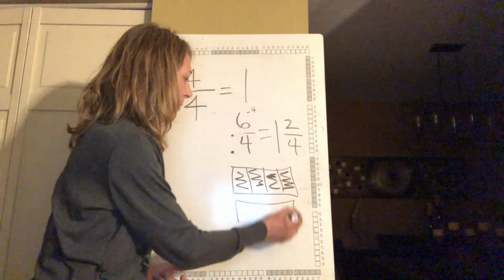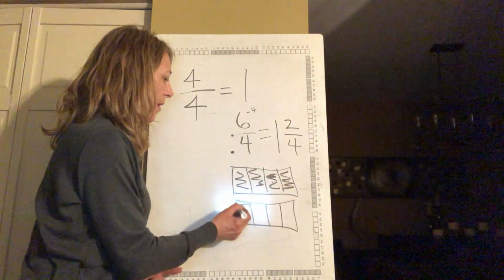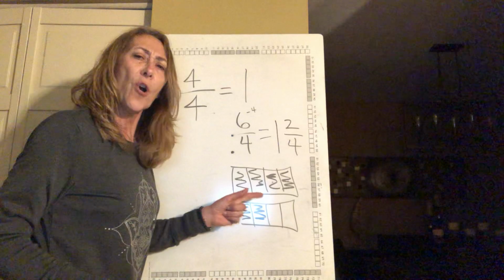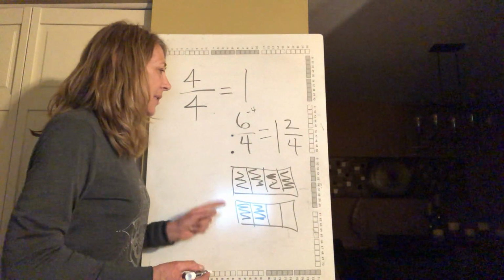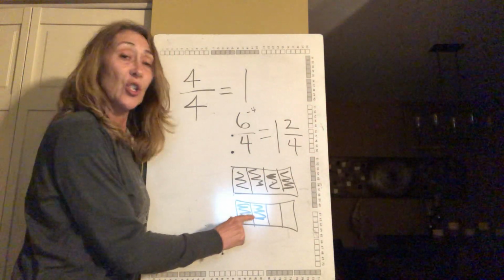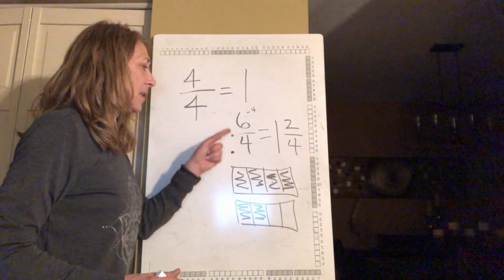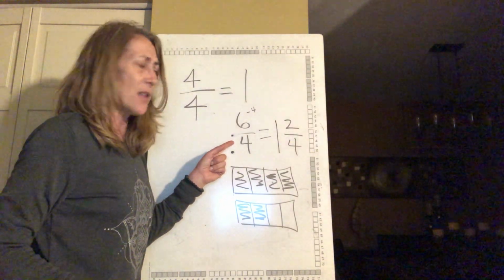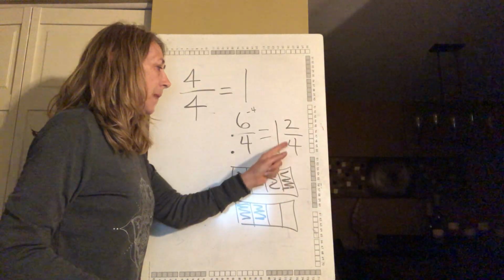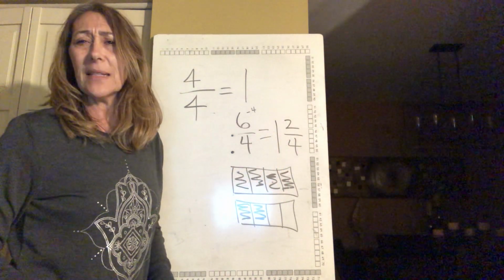I need to make another bar with 4 pieces. 1, 2, 3, 4, 5, 6. Those are my 6/4. 6/4 equals 1 whole and 2 pieces out of the 4, and 2/4. 6/4, which is a fraction greater than a whole, equals 1 whole and 2/4. 1 and 2/4 is a mixed number.